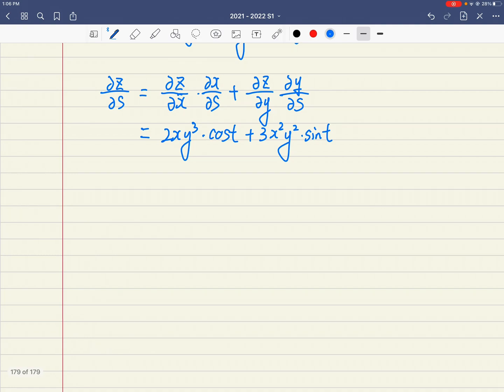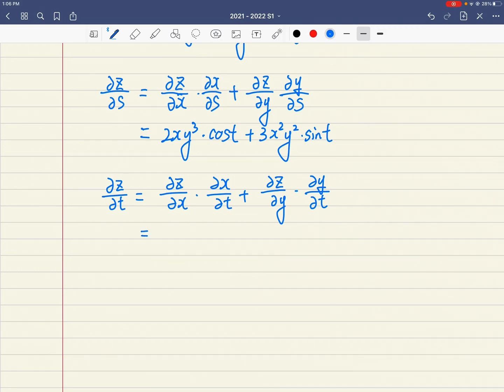Similarly, what is dz over dt? It is dz over dx times dx over dt, plus dz over dy times dy over dt. What is dz over dx? It is 2xy cubed, the same. What is dx over dt?